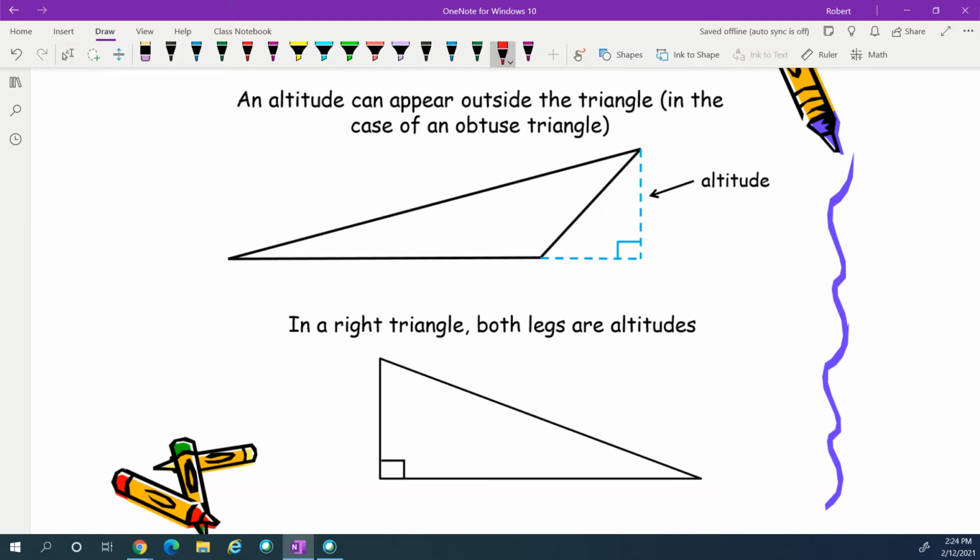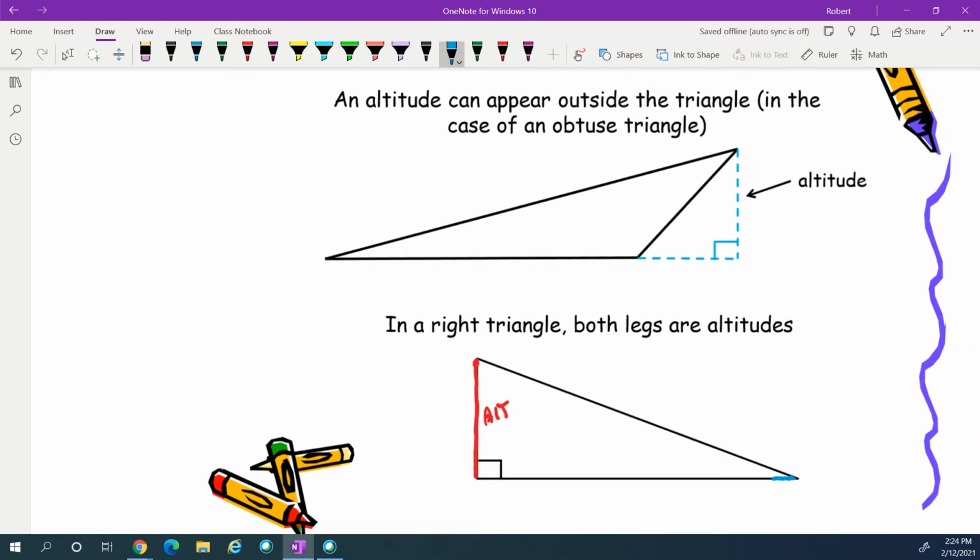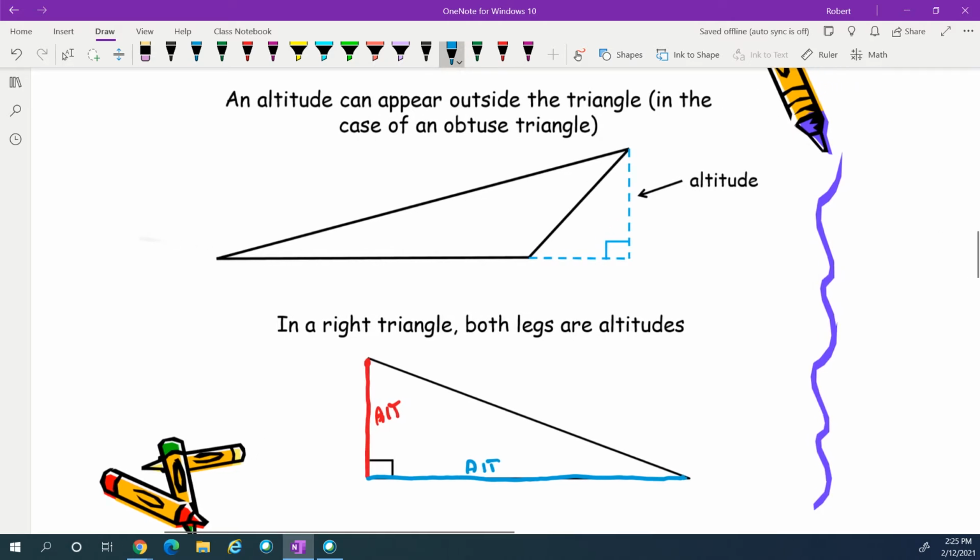So we can think of our altitude right here from the vertex perpendicular to the opposite side. But technically, the other leg fits the definition also, vertex perpendicular to the opposite side. It really just depends on how the triangle is rotated.